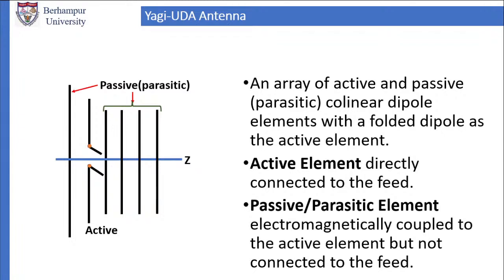The active element is directly connected to the feed. Passive or parasitic elements are electromagnetically coupled to the active element, but they are not directly connected to the feed. Usually the feed is connected to the source or to the receiver. So this is the construction of the Yagi-Uda antenna.